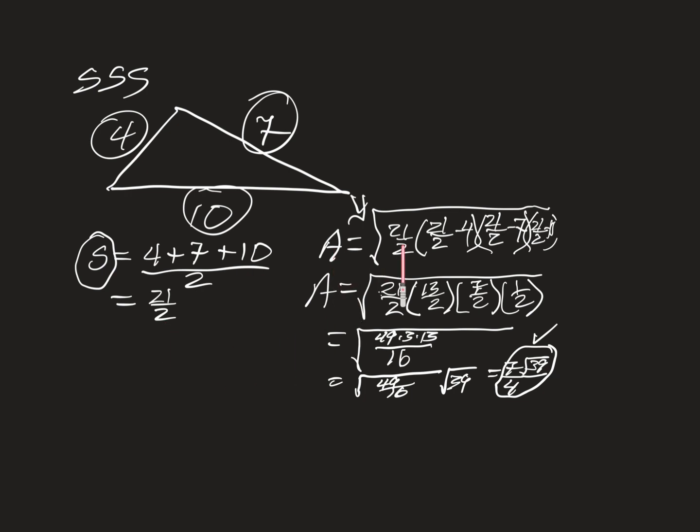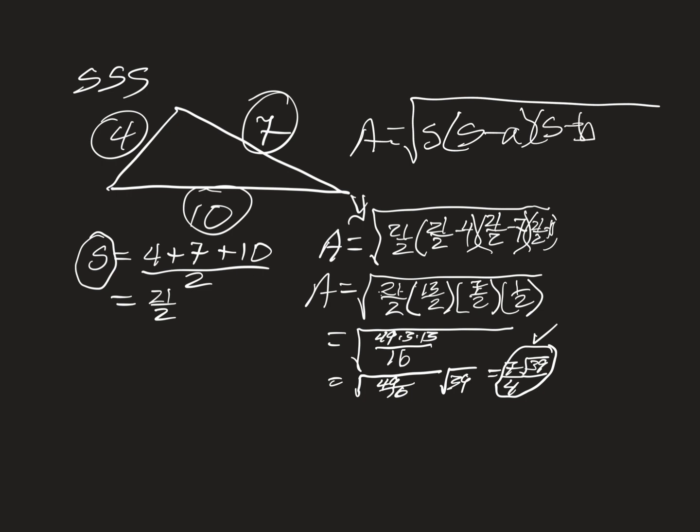Then you put it in Heron's formula, which is area equals the square root of semi-perimeter times (semi-perimeter minus one side), (semi-perimeter minus the second side), (semi-perimeter minus the third side).